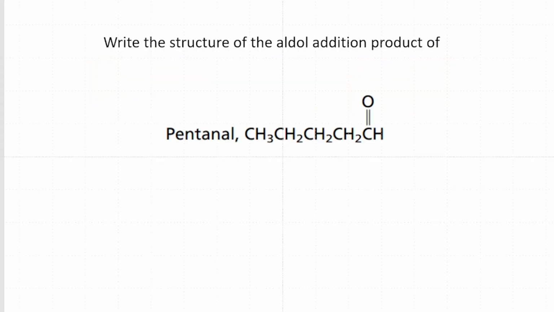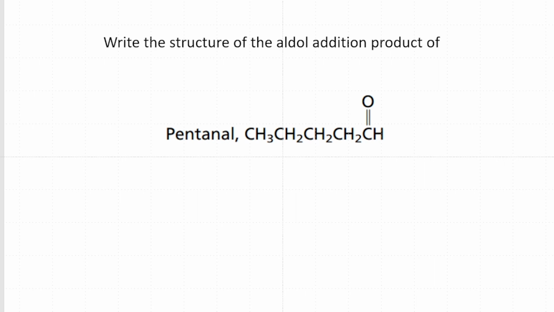Write the structure of the aldol addition product of pentanal. In this question, we would assume that pentanal is exposed to some kind of a base, such as potassium hydroxide or sodium hydroxide. And then we need to figure out what the product of the aldol addition is.